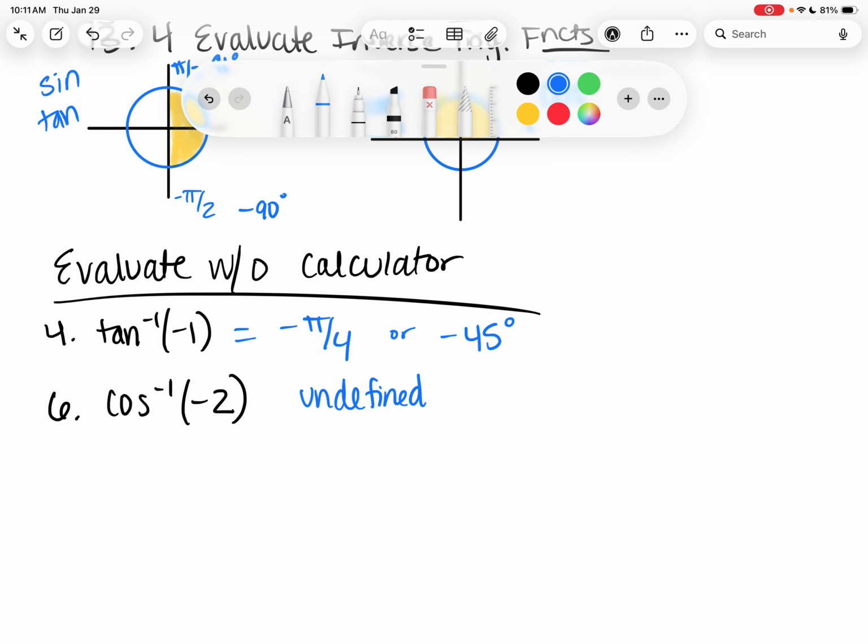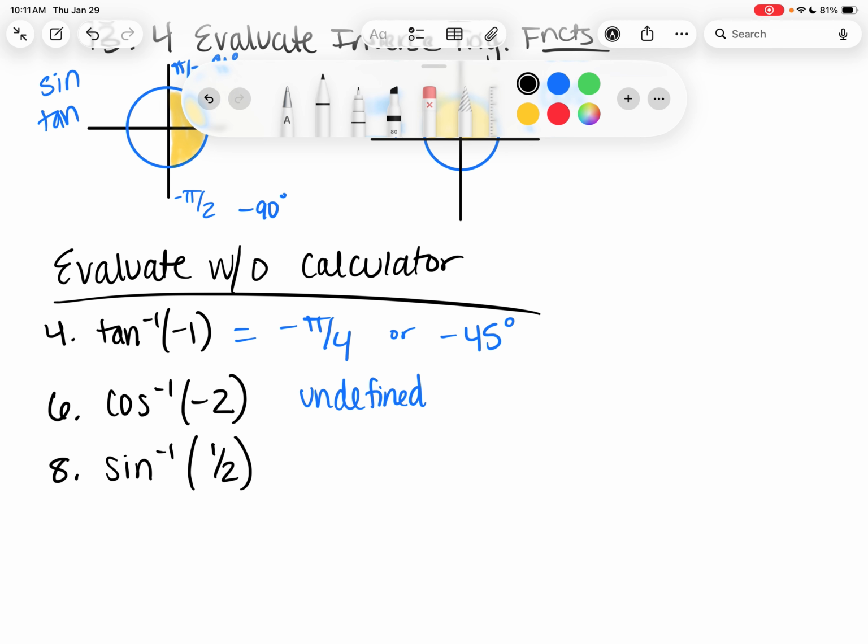And if you were to type that into your calculator, it would tell you that there's an error, so you would know. I don't know if we'll have one that comes up as an error when we do them, but just so you're aware of that.